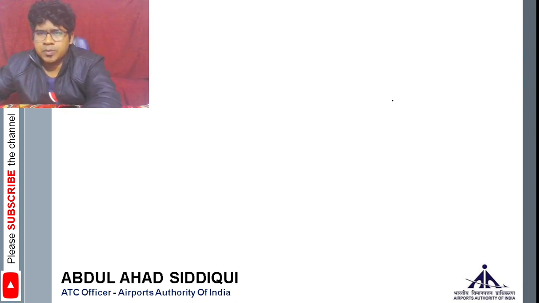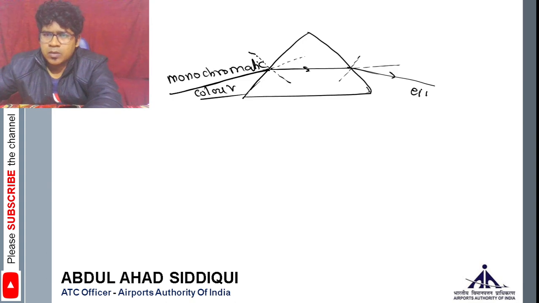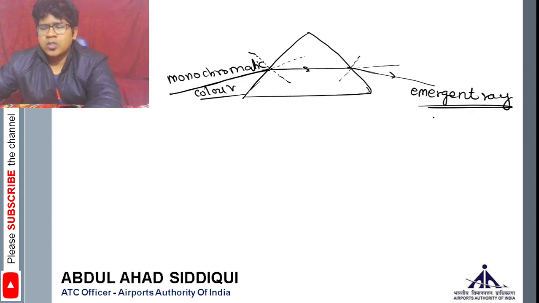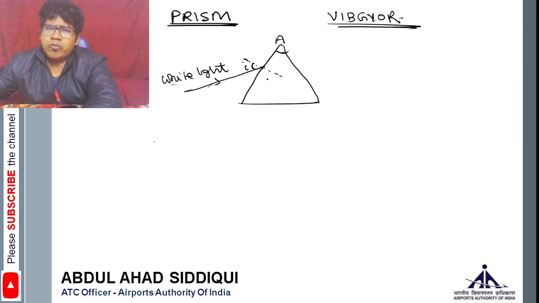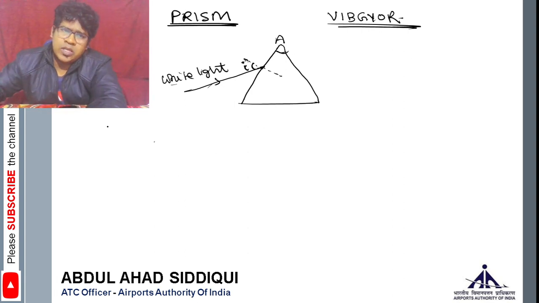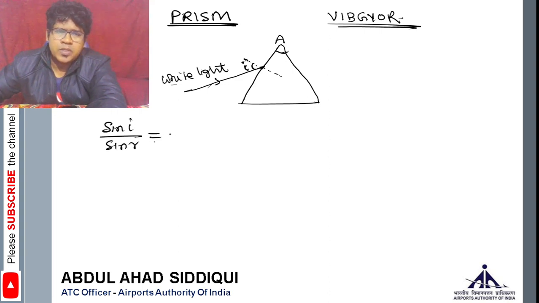What is happening? Emergent ray, right? So similarly, if your white light is coming here, what will happen? Let's say this is the angle of incidence. So the angle of incidence will be the same for all the 7 different wavelengths. We all know that sine i upon sine r is equal to the refractive index of the medium in which it is going, right?